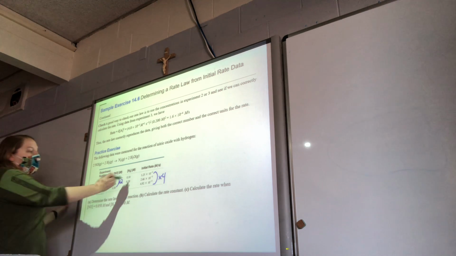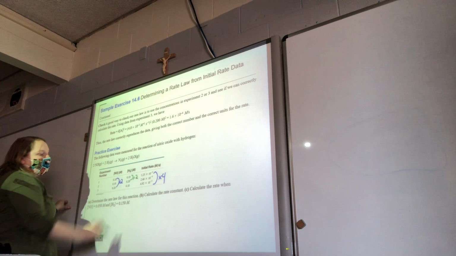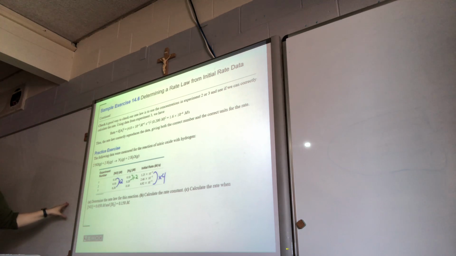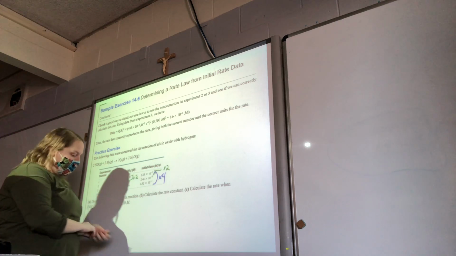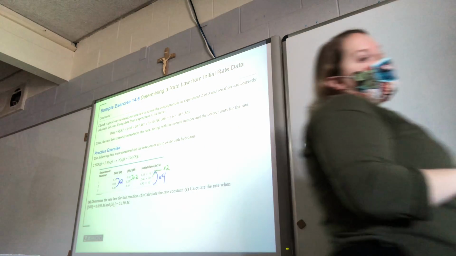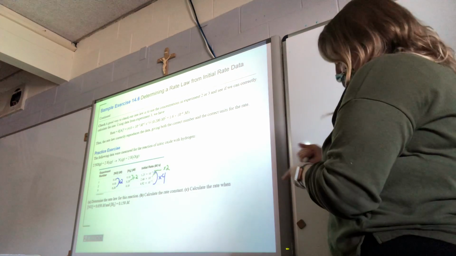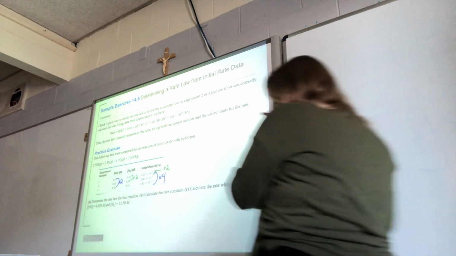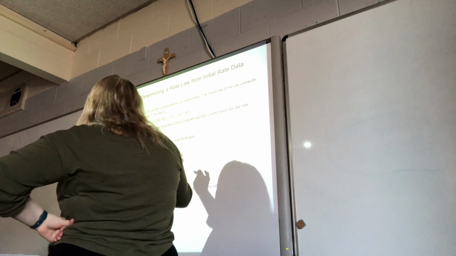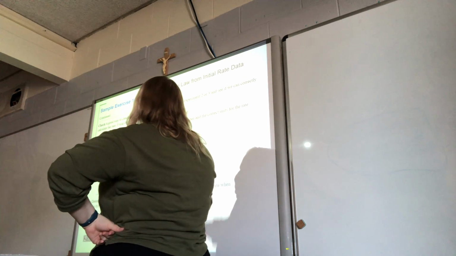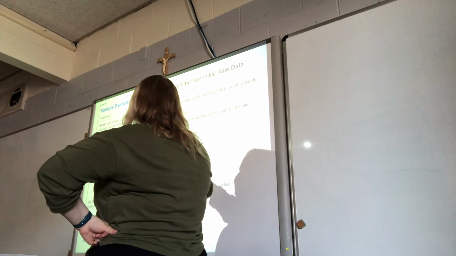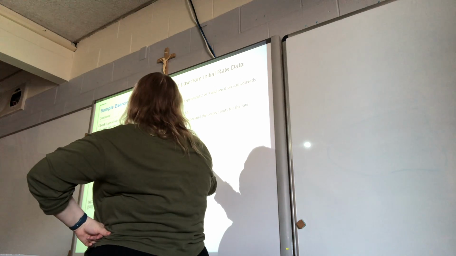For the second one, which ones did you use? 1 and 2. Looks like I went by 2. How did the rate change? By 2. Okay. So your next step would be to consider, let's do this one first. Since it changed by 2, we start with the 2. We're going to say 2 to the x equals the change, which is 4.